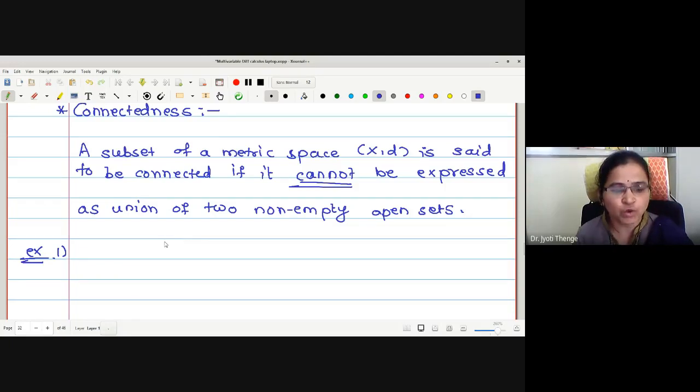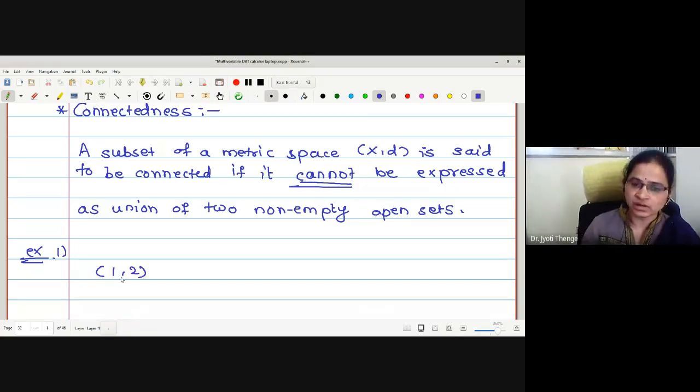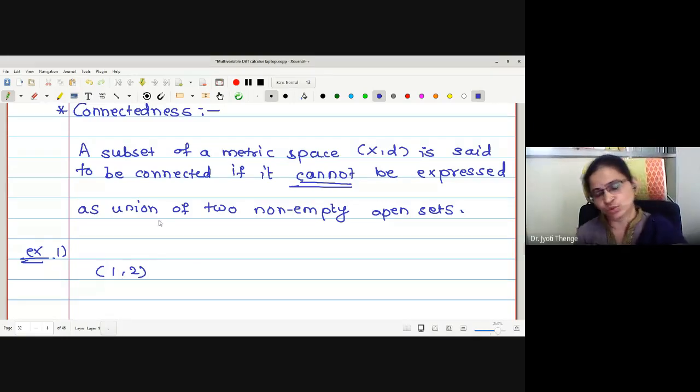Let us take an example. Suppose we have an open interval with us, any open interval. Suppose (1, 2) I am considering. Can we express this open interval as a union of two non-empty open sets? Here an open set means an open interval. Can we express it as a union of two different open intervals?